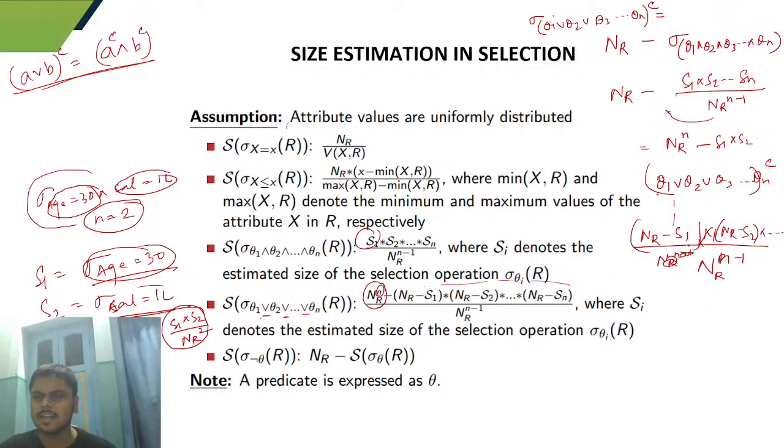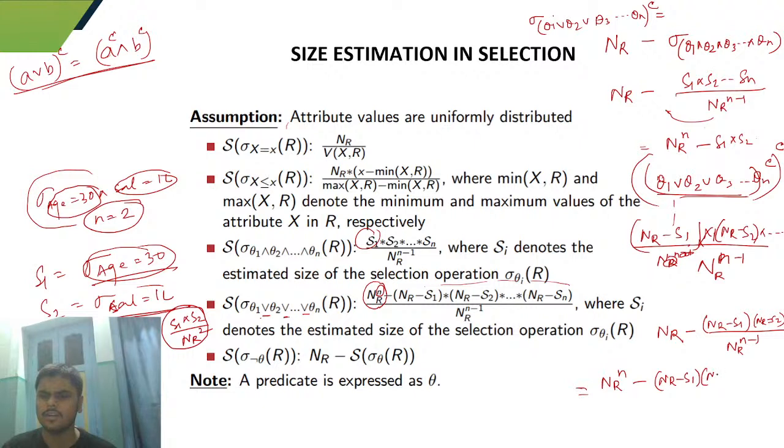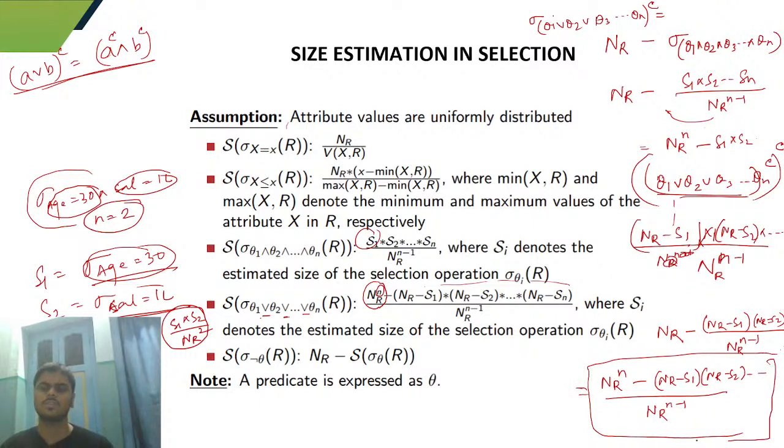This is the complement of this, and if you do the complement again, you'll find it will be nr minus this entire thing, that is nr minus s1 into nr minus s2, divided by nr whole to the power n minus 1. If you take the LCM, it will be nr to the power n minus nr minus s1 into nr minus s2 dot, divided by nr whole to the power n minus 1. So this is how the entire thing is calculated. Nothing but De Morgan's law.